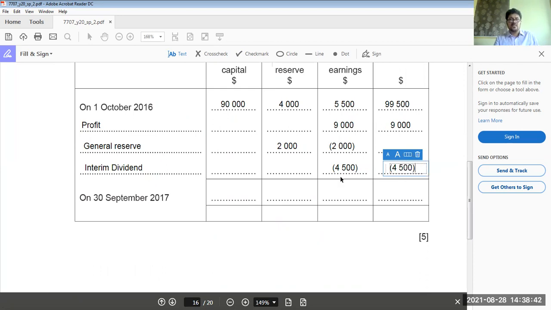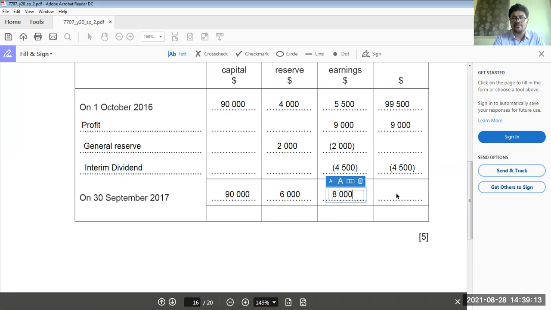Done. So on 30th September 2017, there is no change in share capital. It will remain the same, 90,000. 6,000 is your general reserve now. Okay. What about retained earnings? 5,500 plus 9,000 minus 2,000 minus 4,500. So it is going to be 8,000.